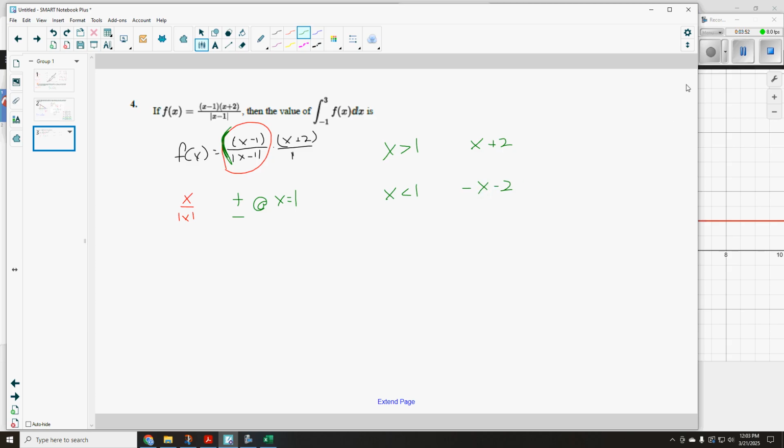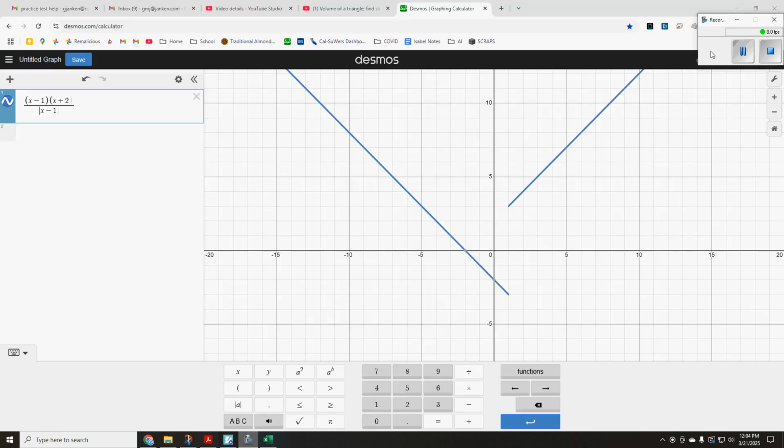So we're going to pause there and let you think about that for a minute. I'm not going to pause long. You can pause and make sure you understand what's going on there. And in fact, let's just look at it in Desmos. I know this is a non-calculator problem, and you really couldn't graph it to see.